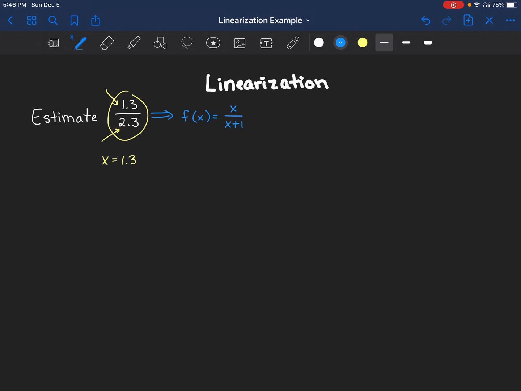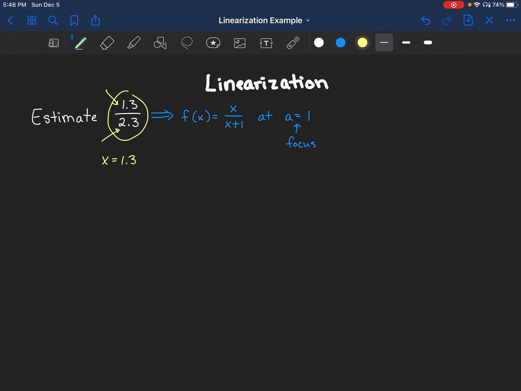And so I'm going to choose an a value, a focus point, that is a little bit easier to calculate than 1.3. So I'm going to choose something close to 1.3, and I'll just use 1, and I'll treat that as my focus point. That should make some of these calculations easier, to at least get something close to 1.3 divided by 2.3.